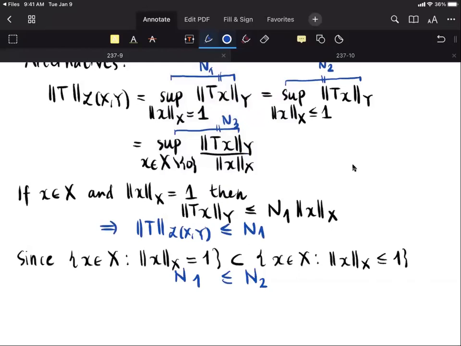So here we have N1 less than or equal to N2.